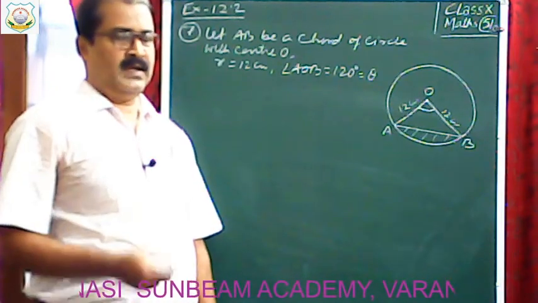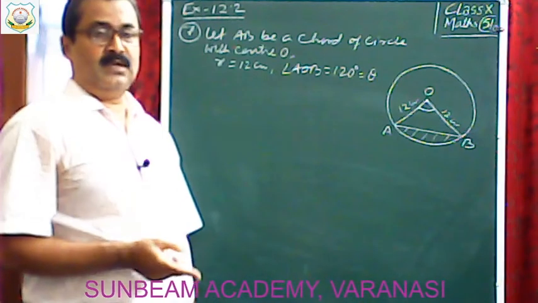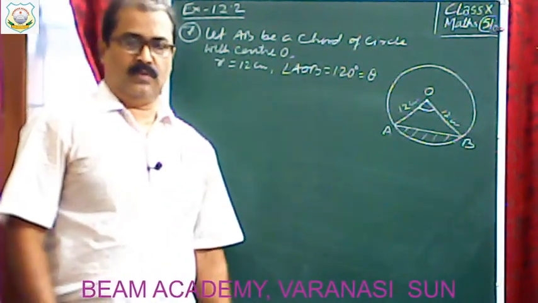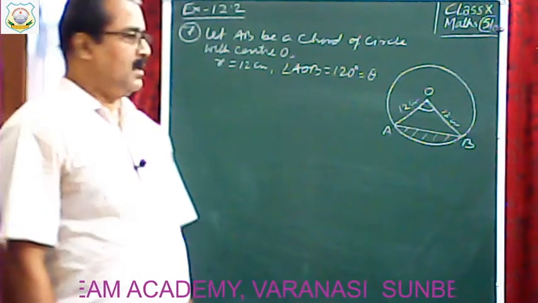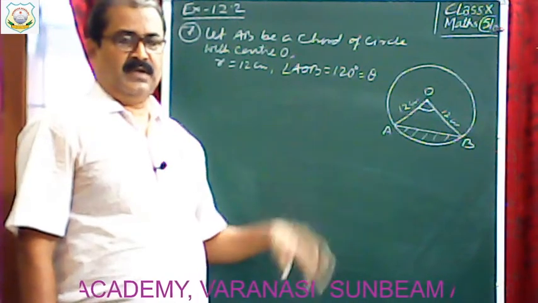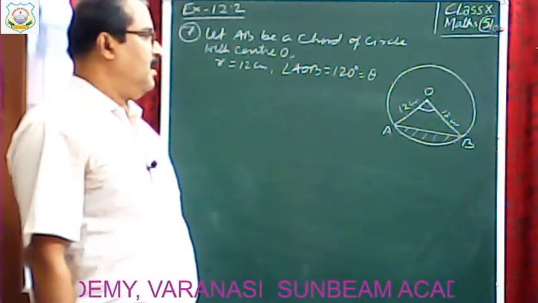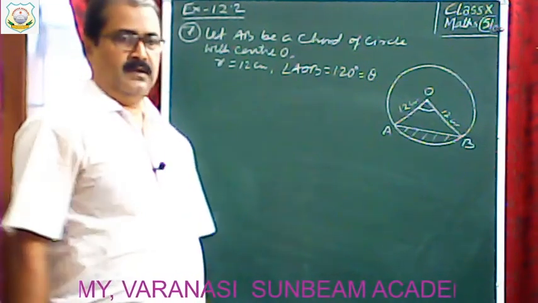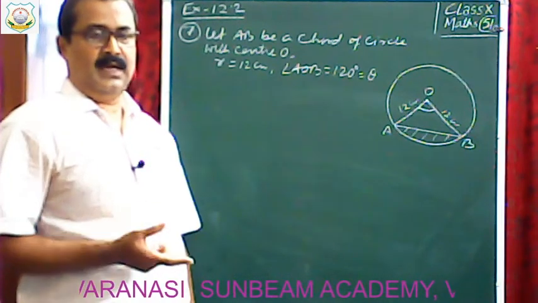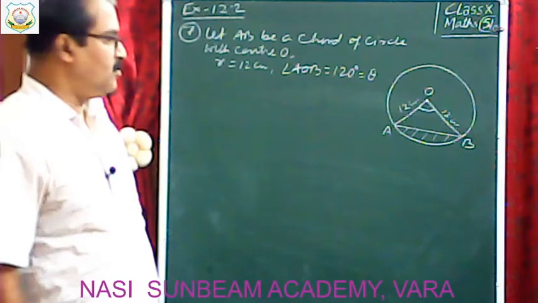The area of triangle is half into r square into sin theta, so sin 120 degree. The value of sin 120 you do not know. Area of sector, there is no problem: pi r square theta upon 360, theta we have, radius we have. But for area of triangle AOB, the value of sin 120 you do not know.